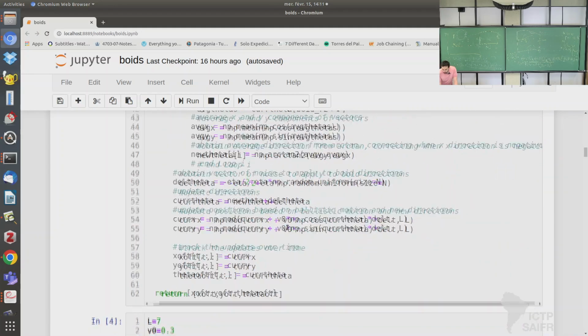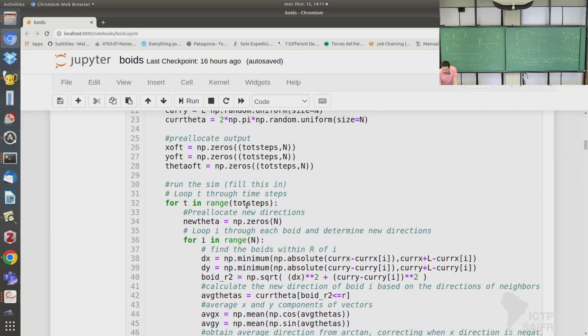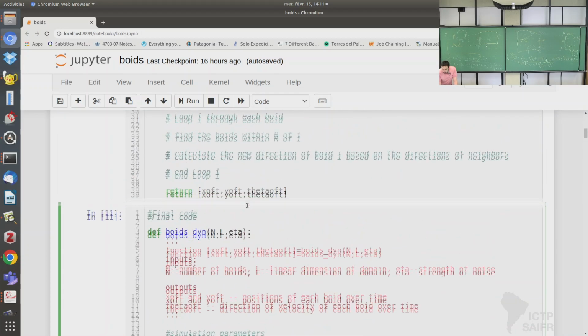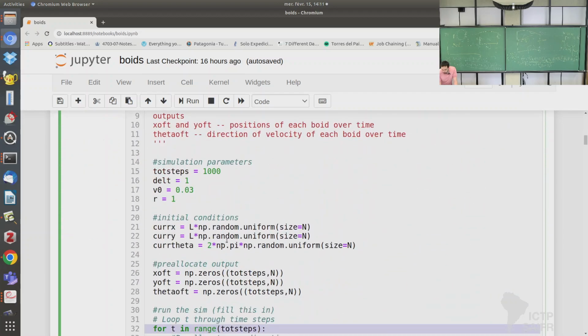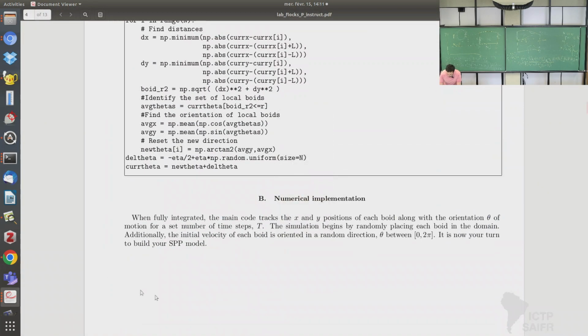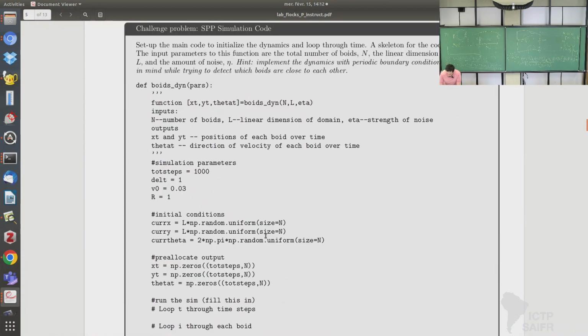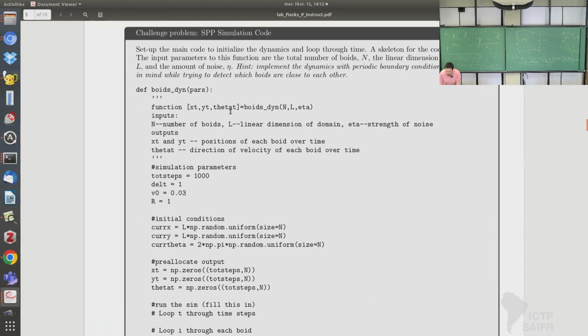Basically to this function, you just need to add a loop over time and the initialization with some initial conditions and parameters, okay? So I believe that snippet is given in the second challenge problem.